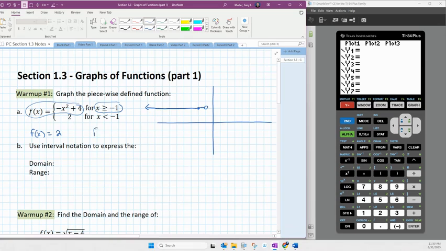So now all I'm talking about is graph this function, -x squared plus 4, which hopefully we know is an upside down parabola starting up at 0, 4, 1, 2, 3, 4. And then I know that it's going upside down. So I'm going to go over 1, down 1.